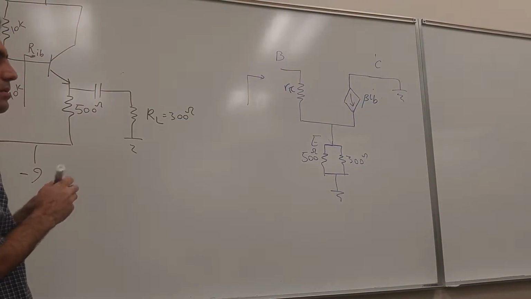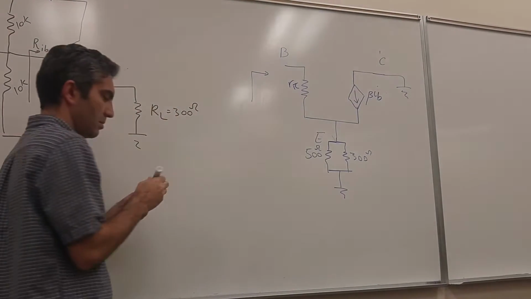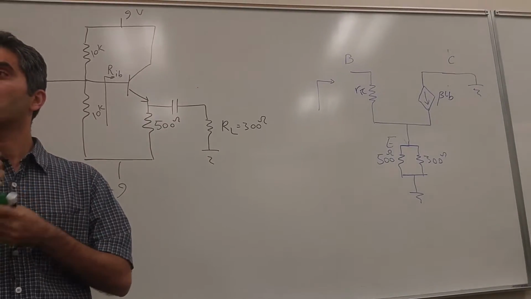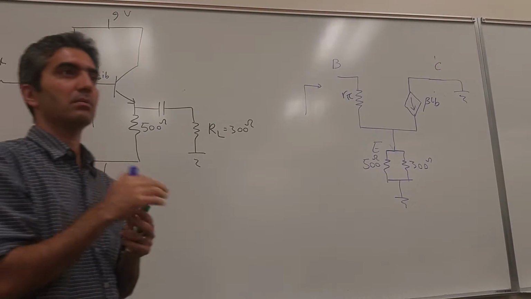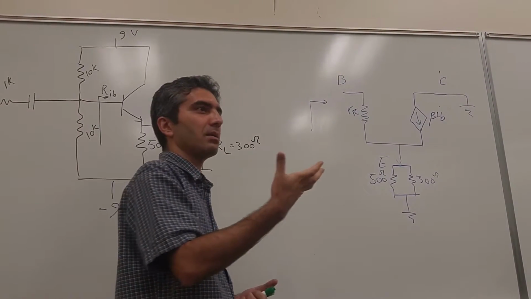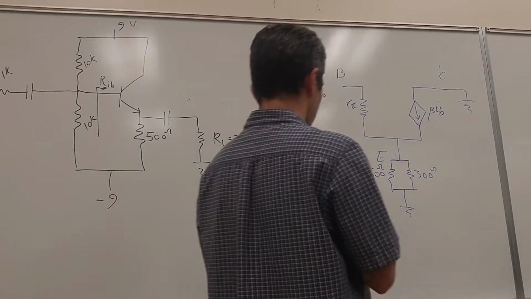That's all there is. Now, I'm asking for this resistance. So, what am I asking for when I say a resistance? Conceptually, what am I asking for? Voltage divided by current. Thank you very much.